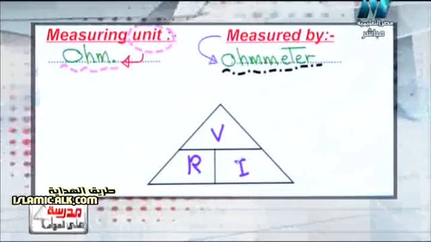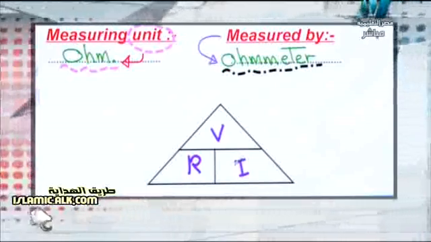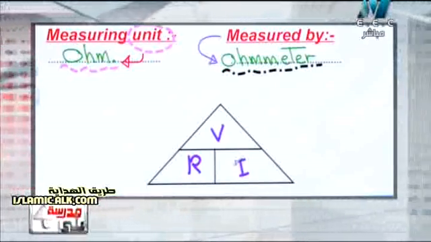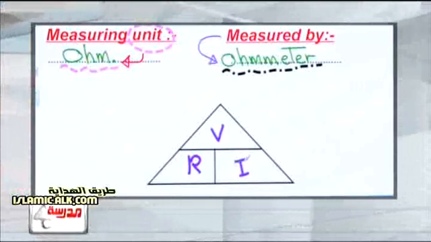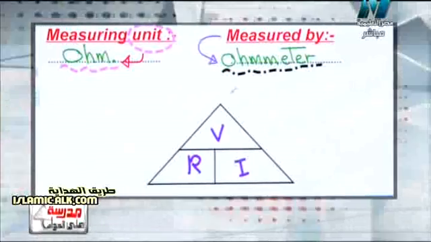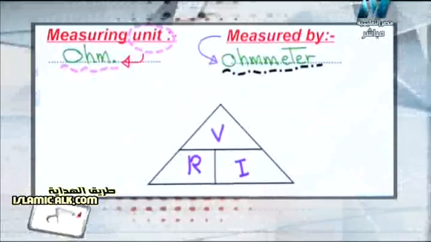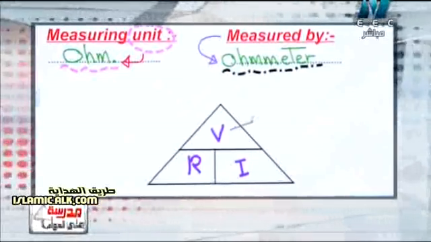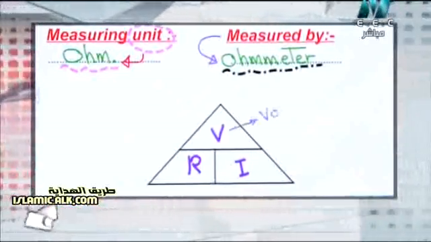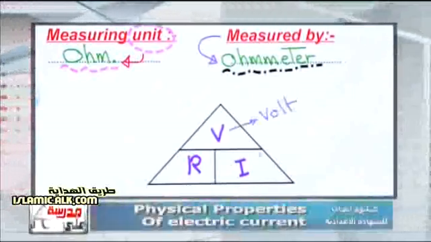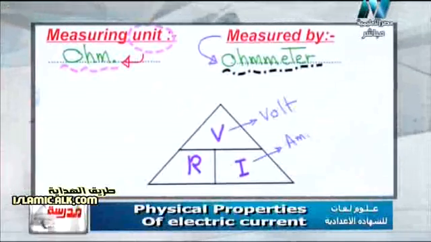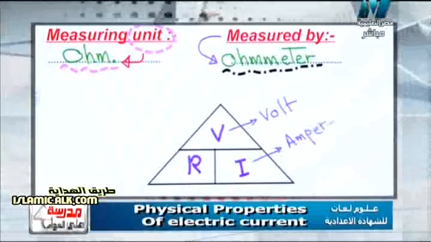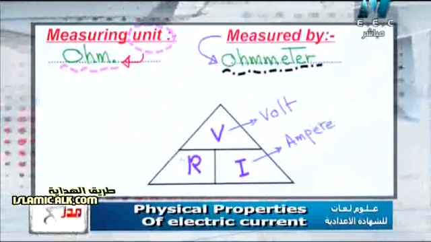V is the potential difference, as we studied before, and I is the electric current intensity. V's measuring unit is volt, I's measuring unit is ampere, and R's measuring unit is ohm.